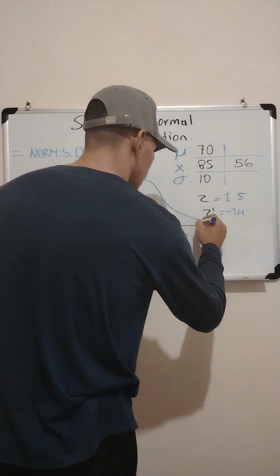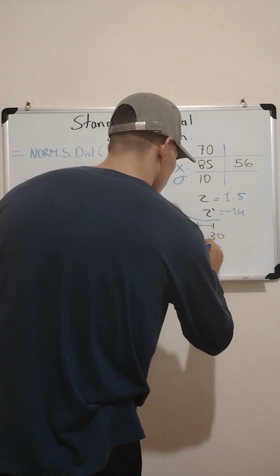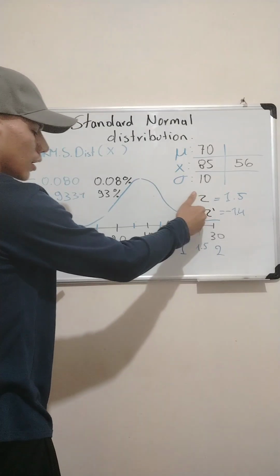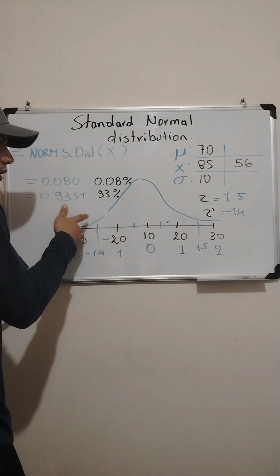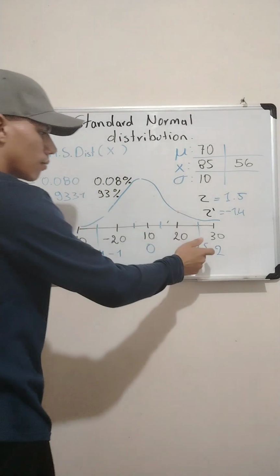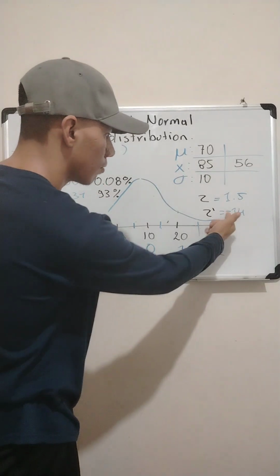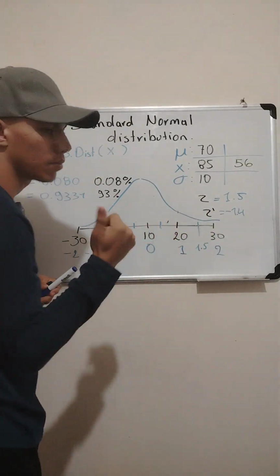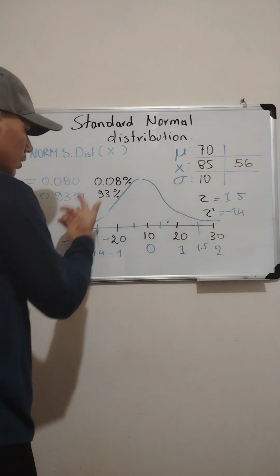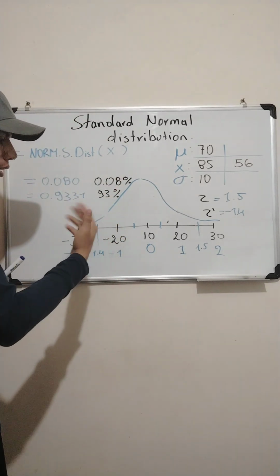And no, it will be here, 1.45, 1.5. So from this part all the way until the beginning of this bell-shaped curve, that will be 1.5. The probability that this could happen is 92%. Now the minus 1.4, if you insert it in this equation or in a z table, you will get 0.8%. That's the probability of this happening.